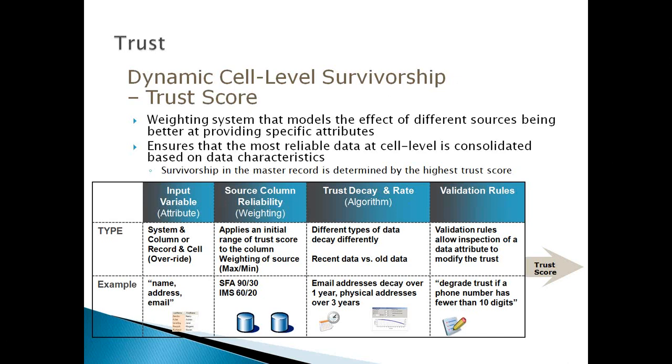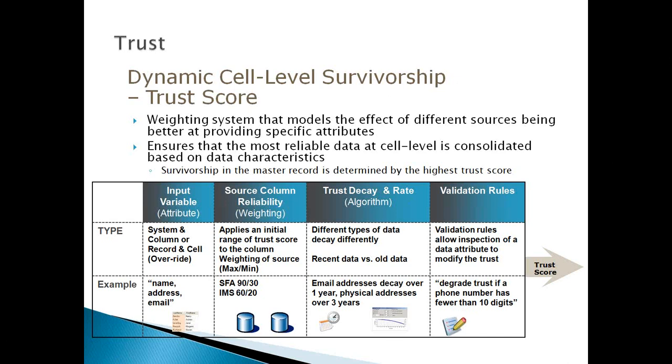One more question. So when the 9-digit phone number comes, this validation rule will reduce the trust of that and allow the second one, which is 10-digit, to go to the master. Yes. Okay.